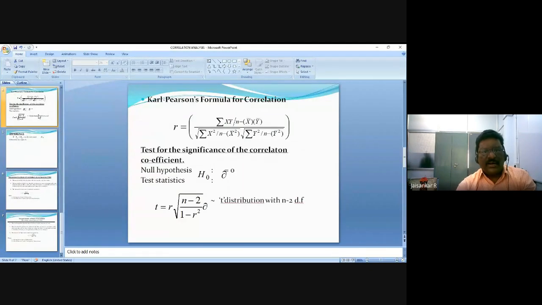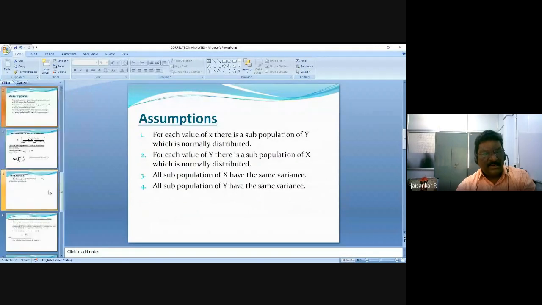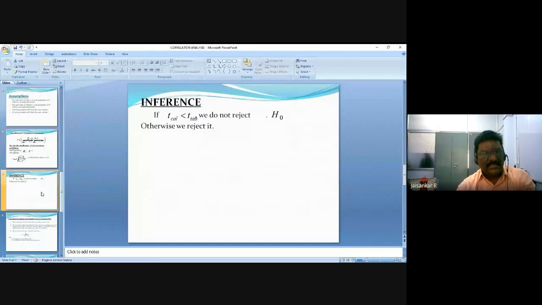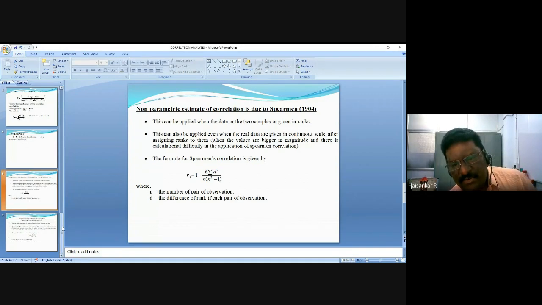The examples for this correlation analysis will be discussed in our class. He will be giving some data for finding correlation, and you may do it by yourself, both rank correlation and normal correlation.